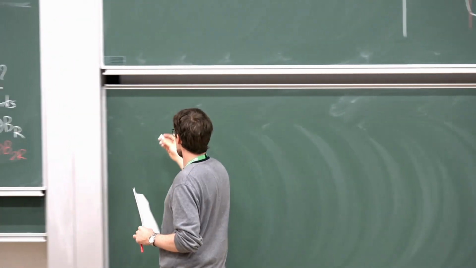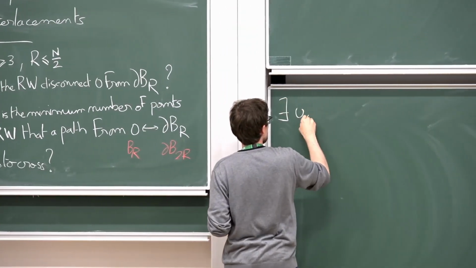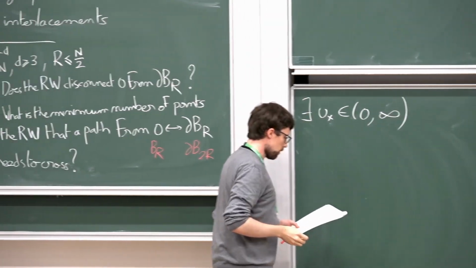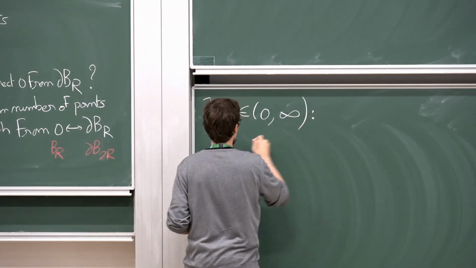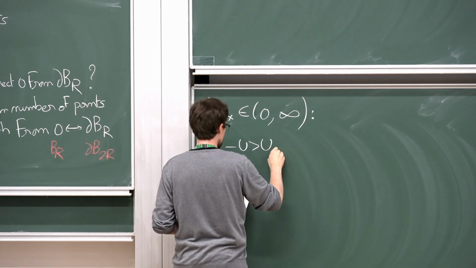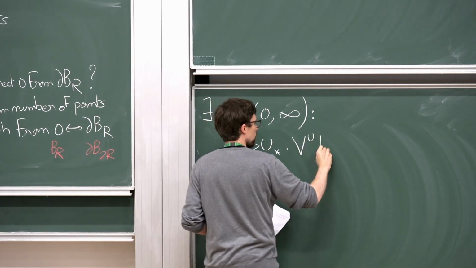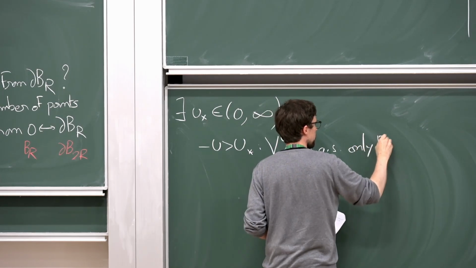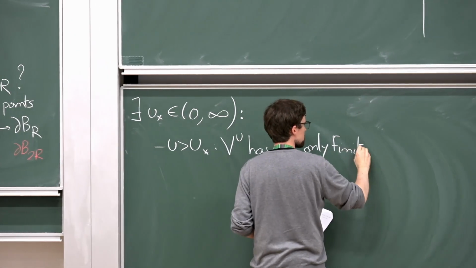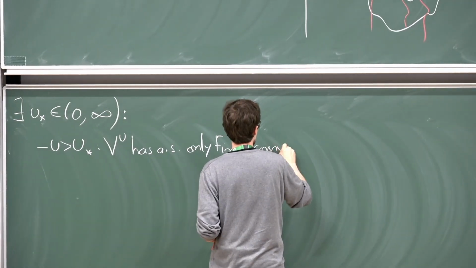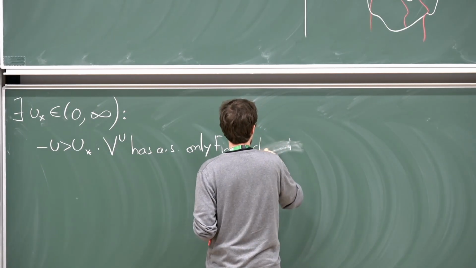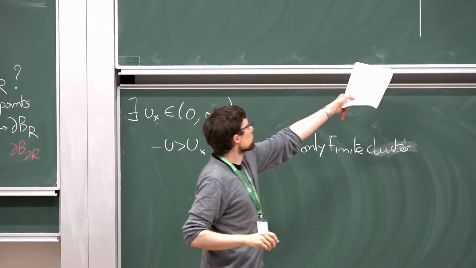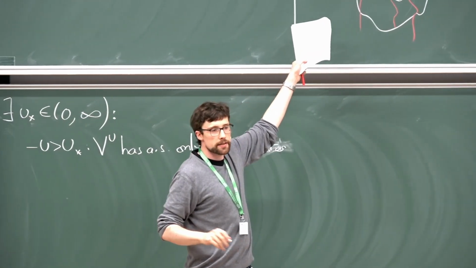And so, what Sznitman proved is that there is a phase transition for this model. There's a critical parameter, u star, such that if u is larger than u star, then V^u has almost surely only finite connected components. This is a phase transition for the vacant set clusters, because the interlacement set I^u is always percolating, since a random trajectory percolates alone.